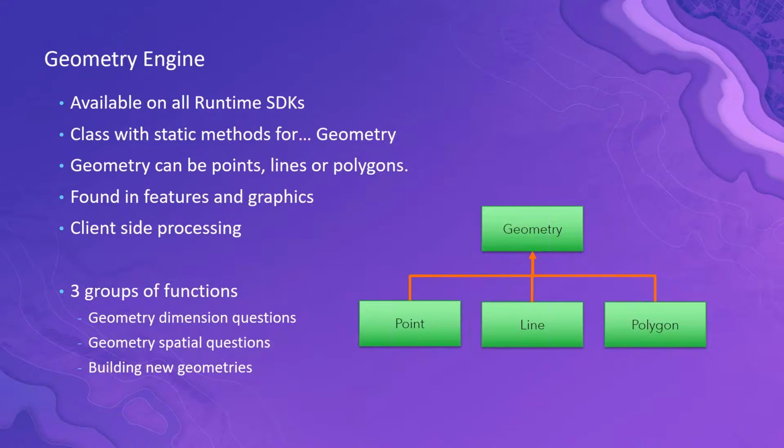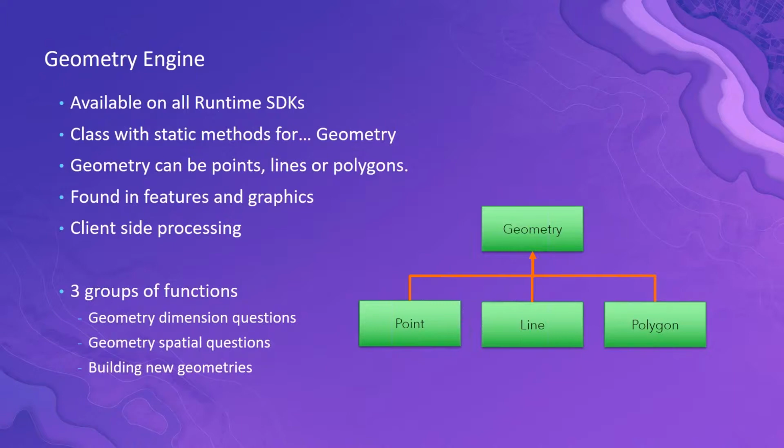And the geometry engine executes these functions completely in a disconnected environment. So it runs in memory and in process of the application, and there's no need to call out to a local service or remote service to perform these quick and simple geometric functions. The geometry engine groups these functions into three separate groups.